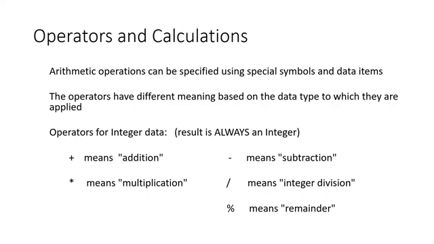If you say 5 divided by 2, you'd be expecting the answer to be 2.5, right? But 2.5 is not an integer. So integer division is slightly different. We'll talk about that in examples coming up. And then there's also a percent sign. The percent sign does not mean percentage. The percent sign is the operator that means the remainder of an integer division.